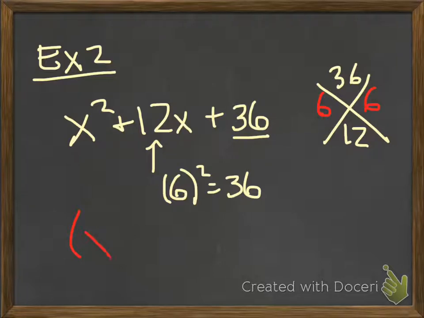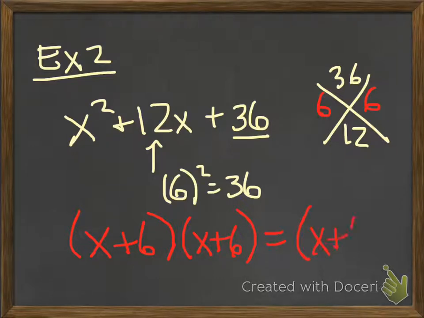So basically this is x plus 6 times x plus 6, which is just quantity x plus 6 squared. So these are related. This one's the sum, this one's the product. So now this is a perfect square, meaning it's the same thing twice.